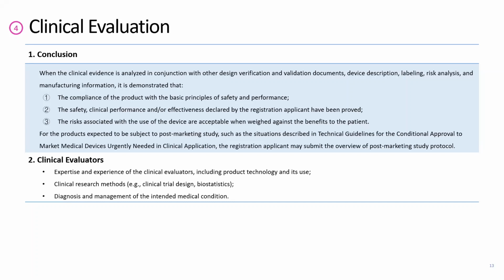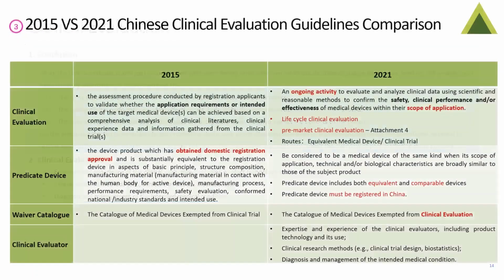In the next 2 pages, I have a small comparison of the difference between the previous guidance and the newly issued guidance, in the definition, the choice of the predicate device, the conclusion, and also the clinical evaluator.